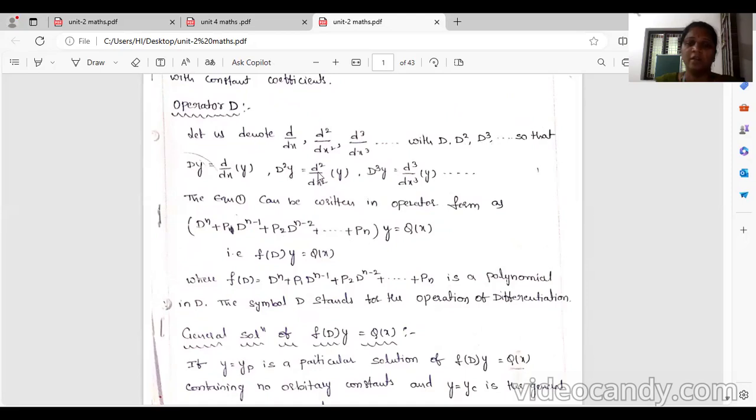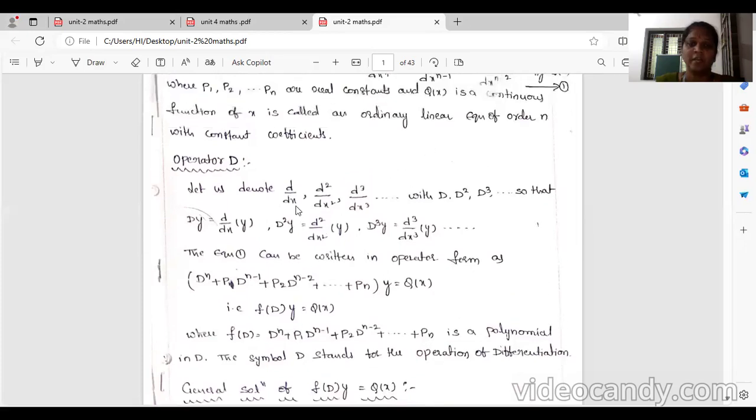That equals d²/dx² into y, and so on, D^n into y equals d^n/dx^n into y.